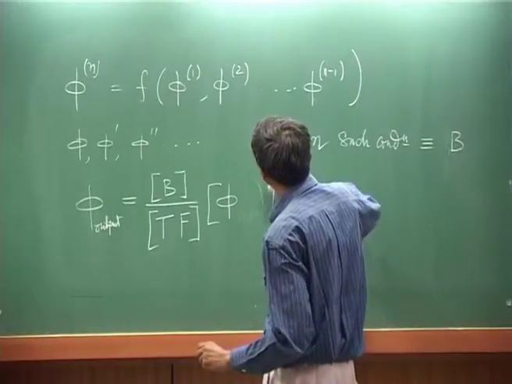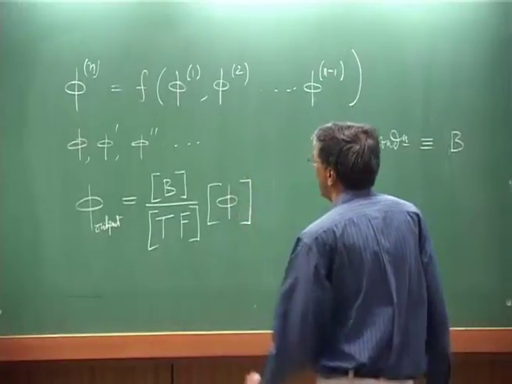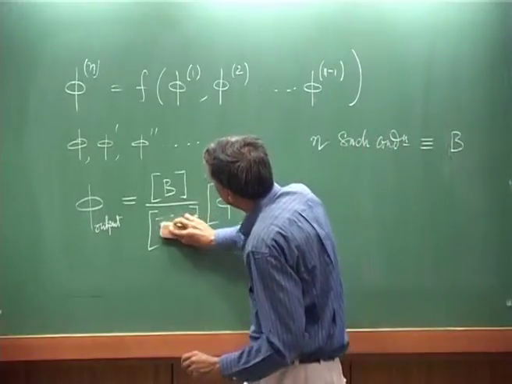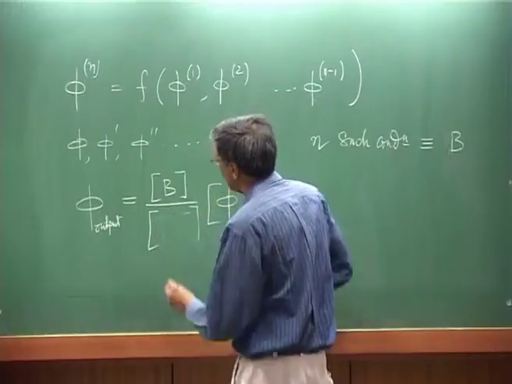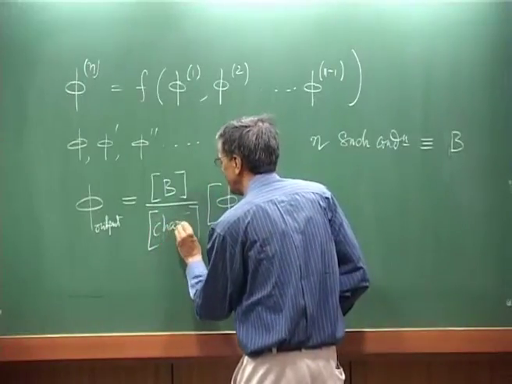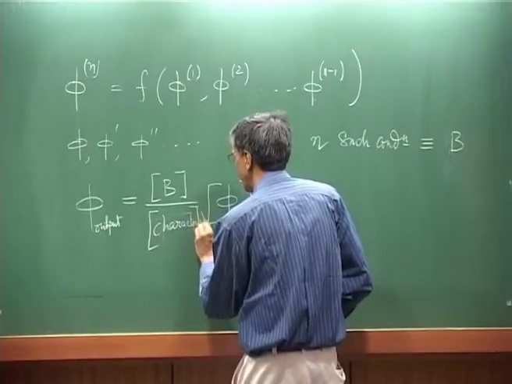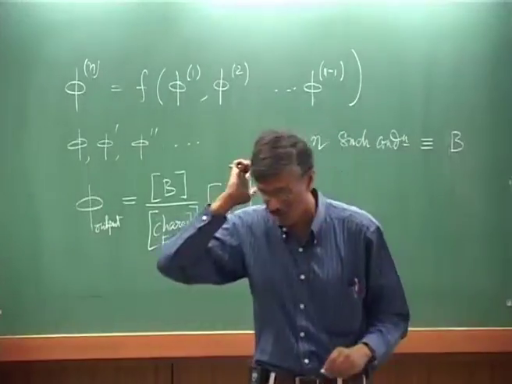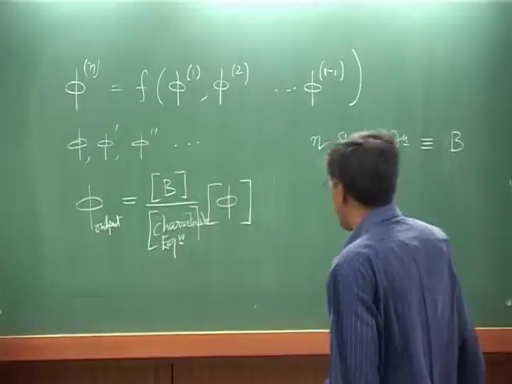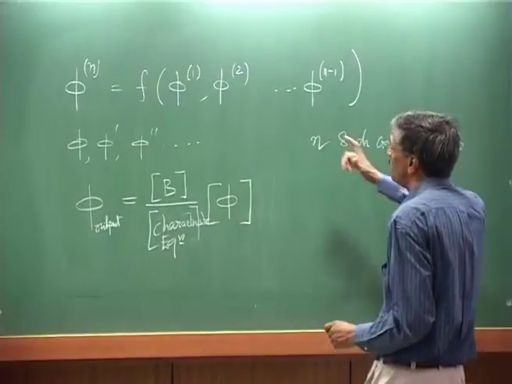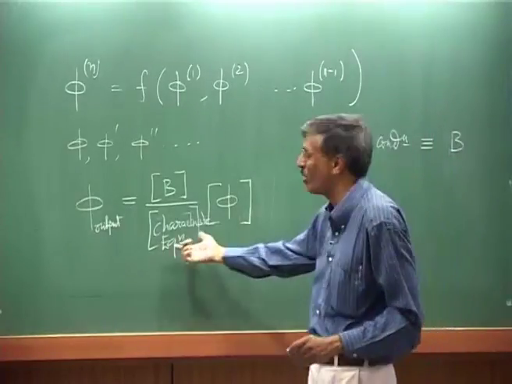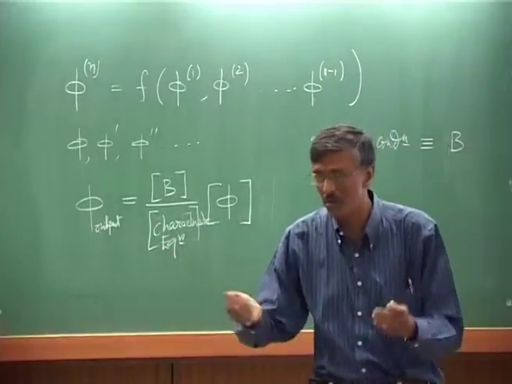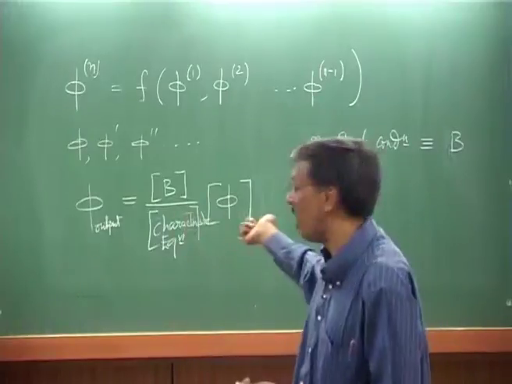So, phi will be some form of this kind, and this happens to be your characteristic equation or eigenvalue factor. This is what we will also call the dispersion relation shortly. So, you try to find those eigenvalues which correspond to the 0 of this denominator, right. That is how you define your eigenvalue problem.